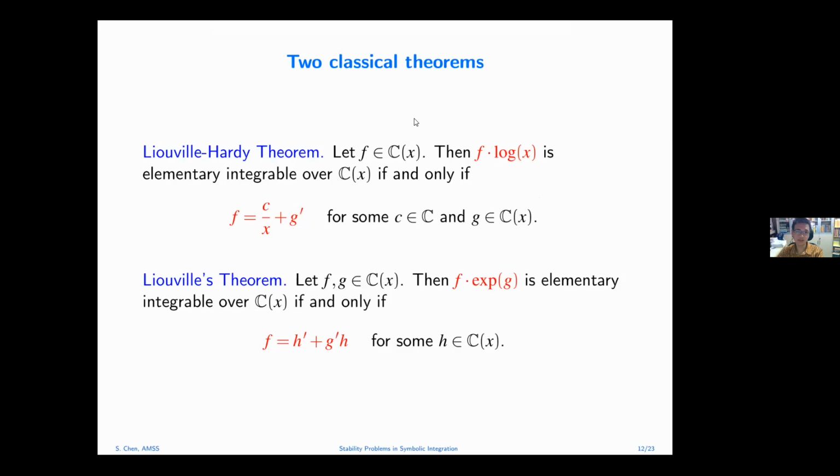And the second classical theorem is the Liouville theorem on the integration of exponential functions. Let f and g both be rational functions. Then f times e to the power g is elementary integrable if and only if f and g satisfy the following equation, the so-called Risch equation. Here h is a rational function, which means this first order differential equation with coefficients f and g prime has a rational solution.